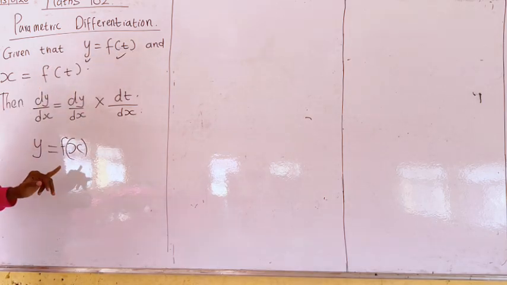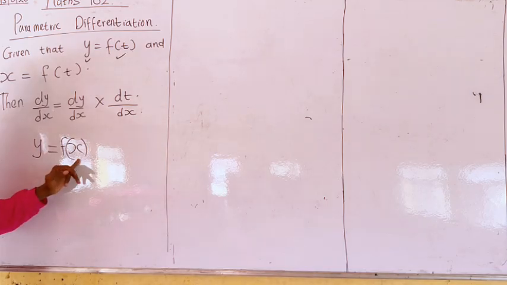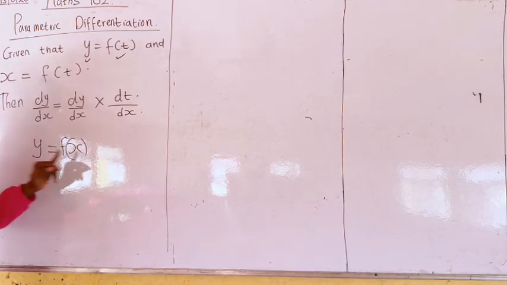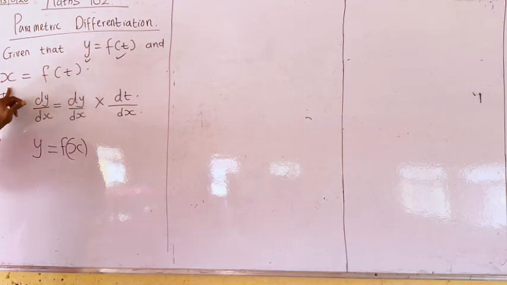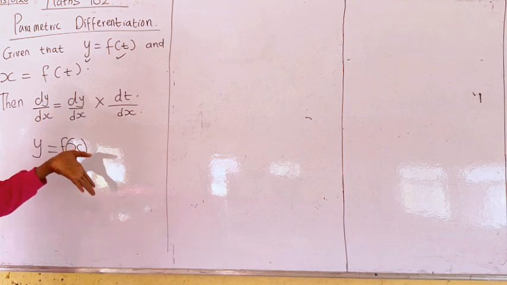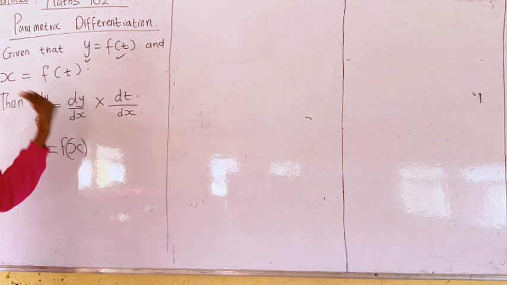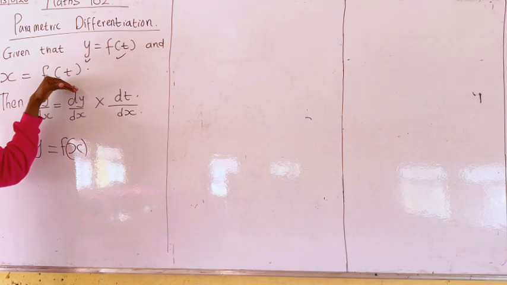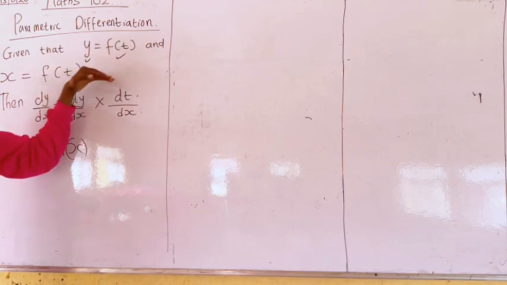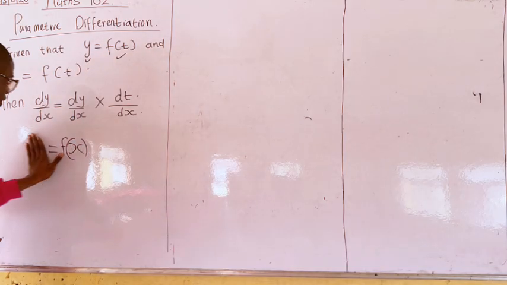T. So normally you have x being the independent variable and y being the dependent variable, right? But in this case, you have two functions, y and x, such that both of them are dependent, and the independent variable is t, and t is similar to both of them. You understand? So we can have that.